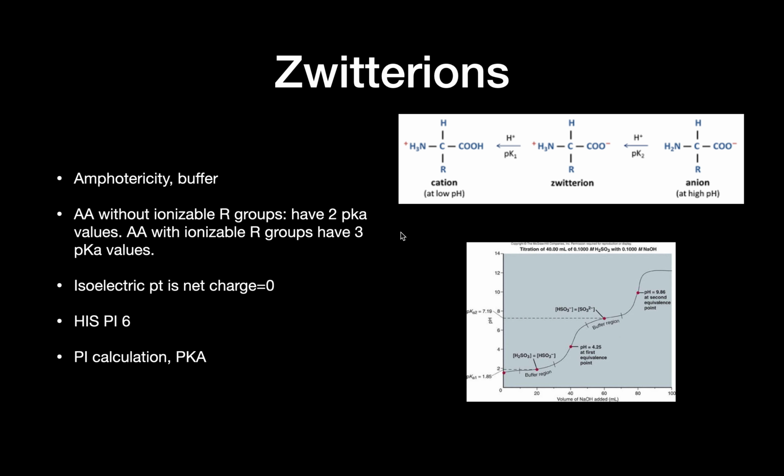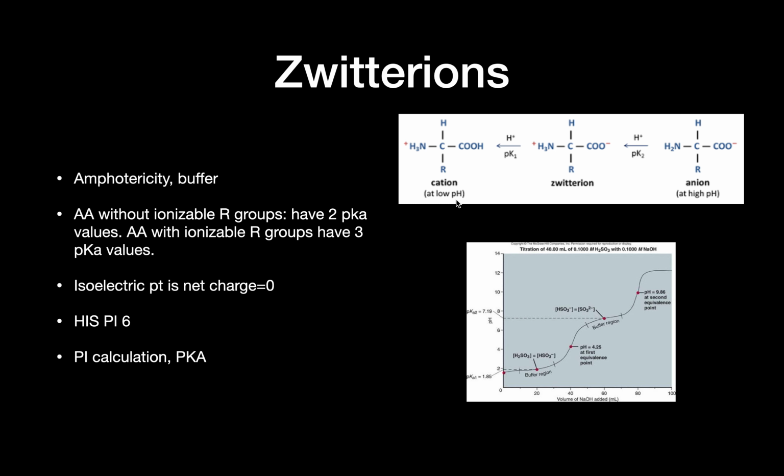Right, zwitterions. So it means that the amino acids can coexist with both charges. They're amphoteric. So what does that mean? It means that overall, the amino acid itself is neutral because these two charges cancel each other, but those two charges are still there.